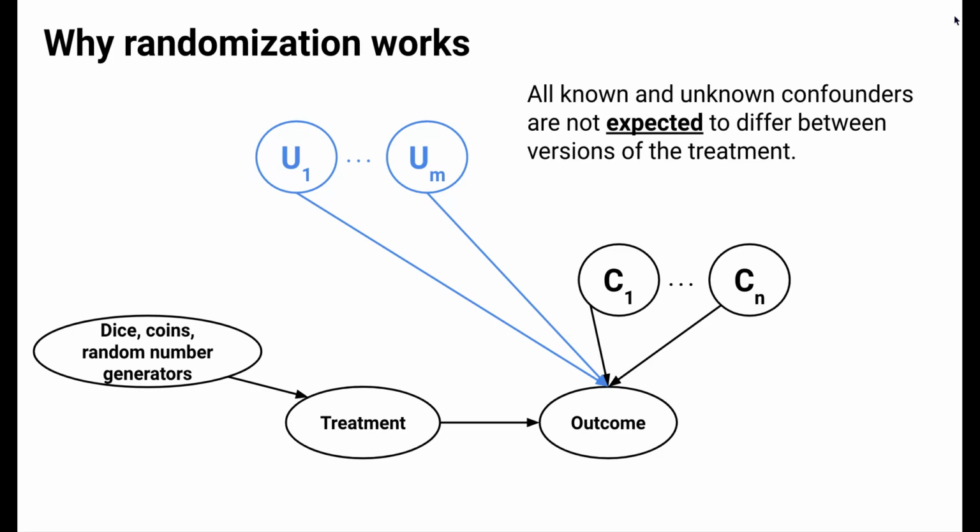Even though these variables still affect the outcome, we don't expect that they will differ between the different versions of the treatment. For example, suppose that age was a confounder. We would not expect age distributions to differ between the treatment versions. And although age still affects the outcome, it won't bias our comparison of the treatment versions.